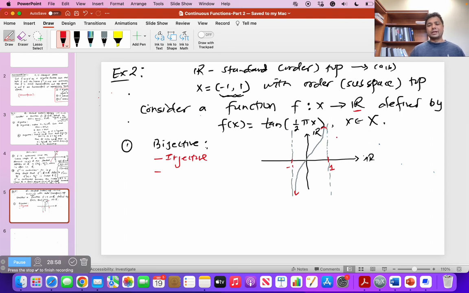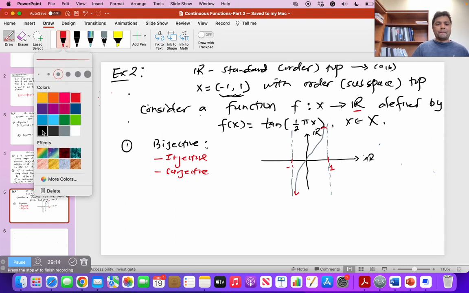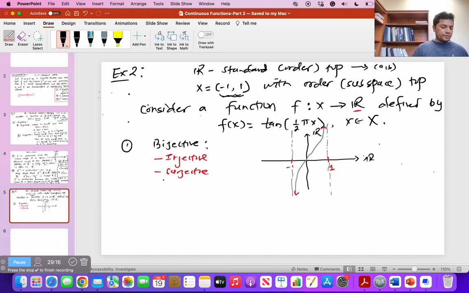So range and codomain are the same thing, and the function is surjective as well. So we can conclude that our function is bijective. That's the first condition, so our function satisfies it.